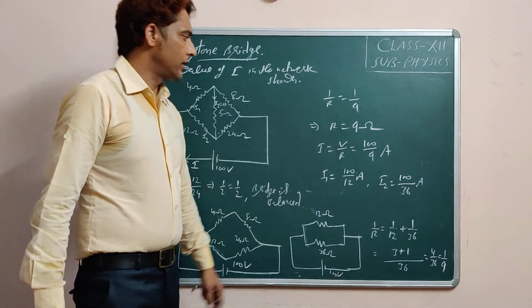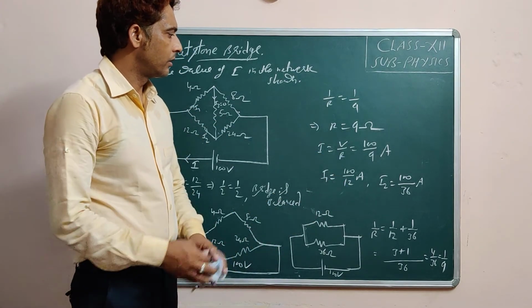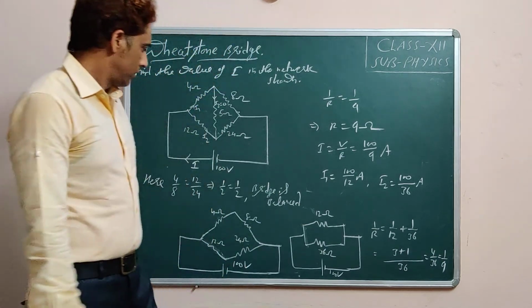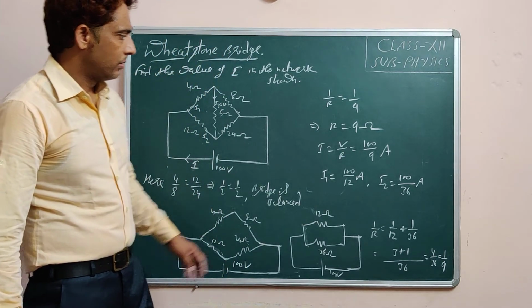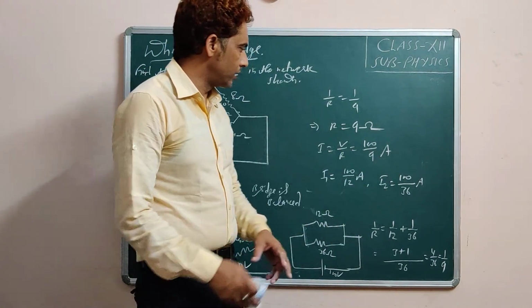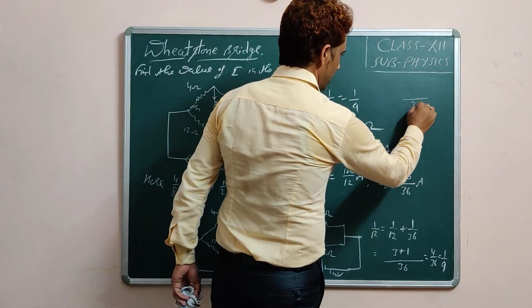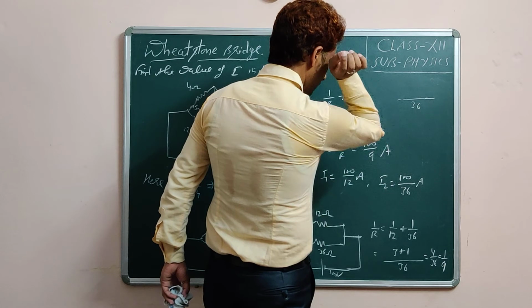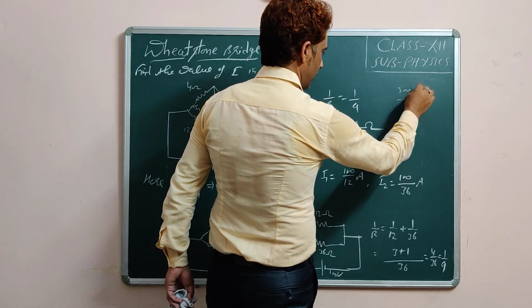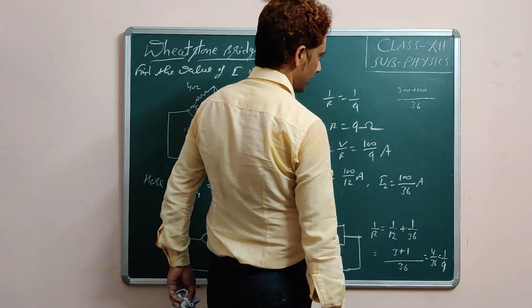You can also check that the sum of these two should be equal to 100 by 9. So here 100 by 12, 100 by 36. If we add these two, then the LCM is 36. So here 300 plus 100, 400 by 36.